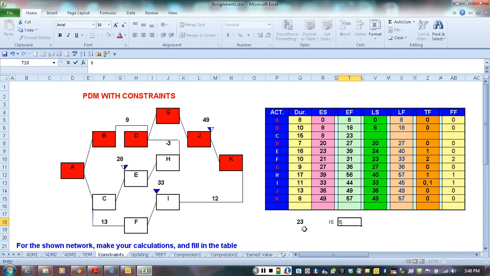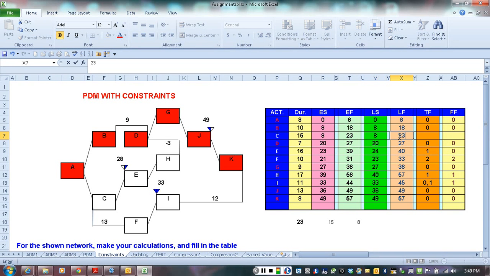Coming from F, the late start of F was 21 minus 13, so it's going to give 8. So in both cases it's going to be 8, therefore we don't have any problem. So here we're going to have 8, and the duration for C is 15, so it is 23.